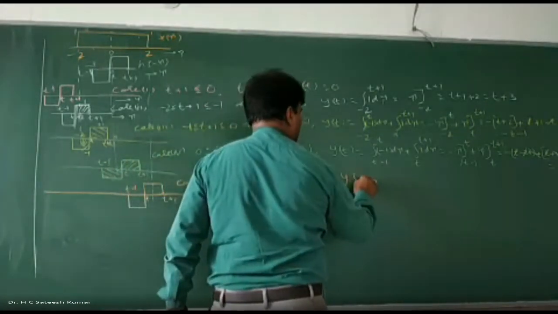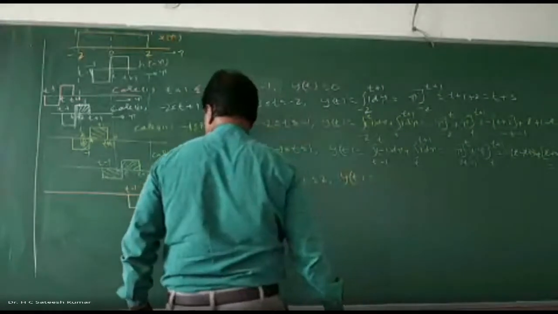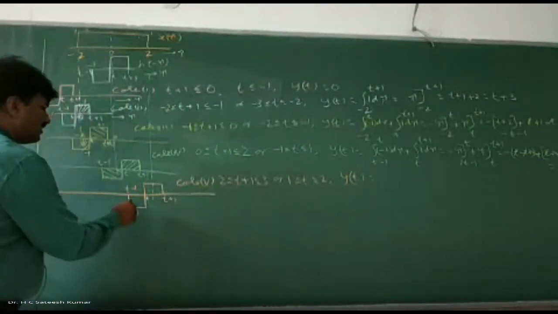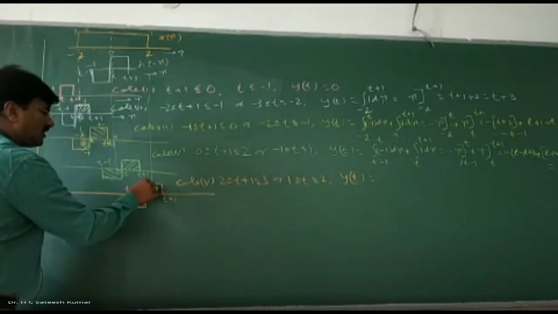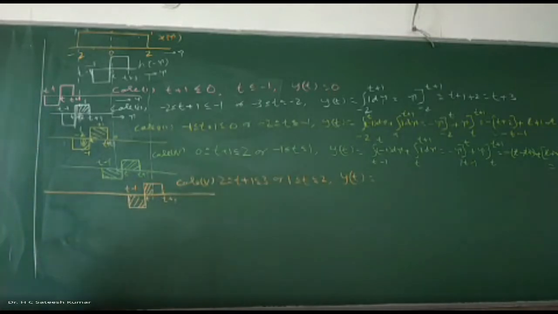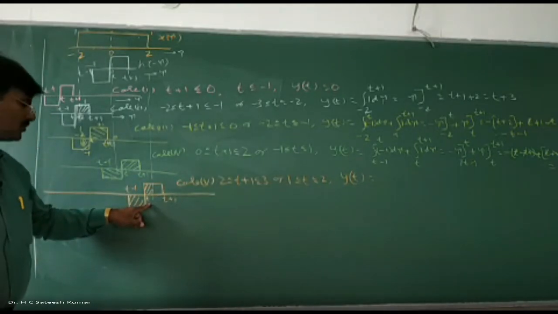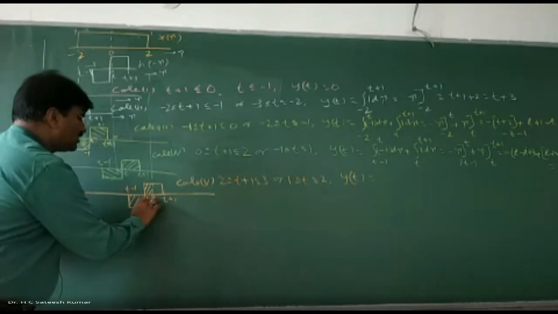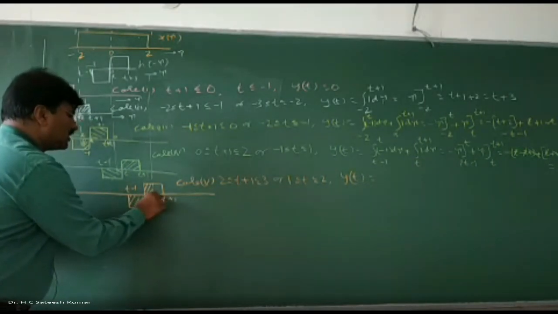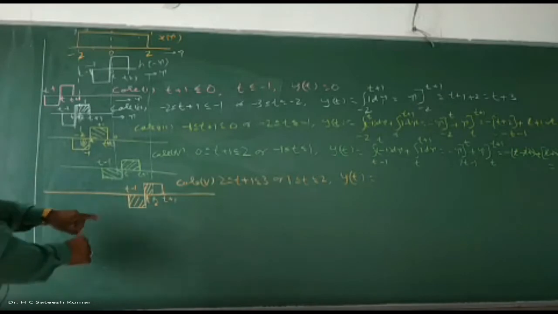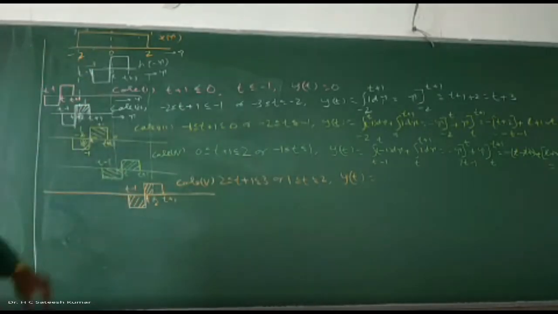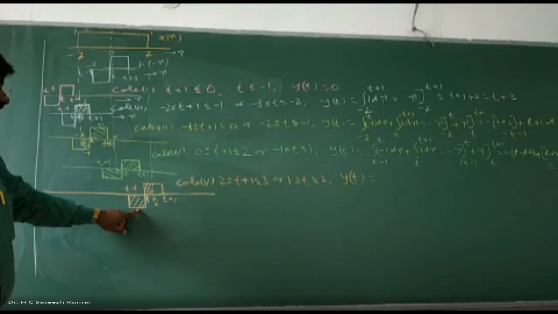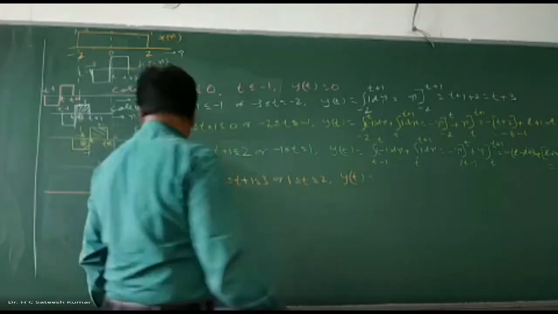Y of t is equal to this much is there as well as this much. Okay, right. T minus 1 to t negative portion, negative is there. T to 2, it will be positive, because minus into plus is minus, so we will get a negative. This one is positive, right? So now what is that we have?